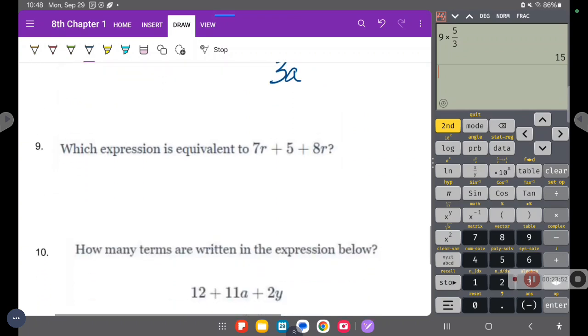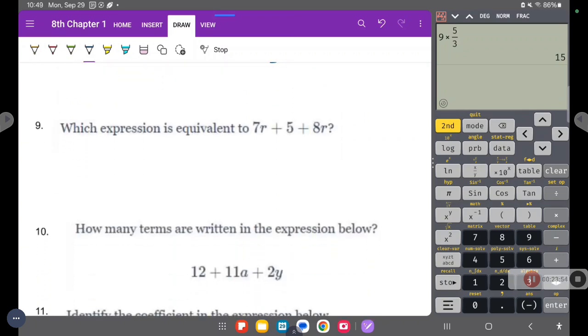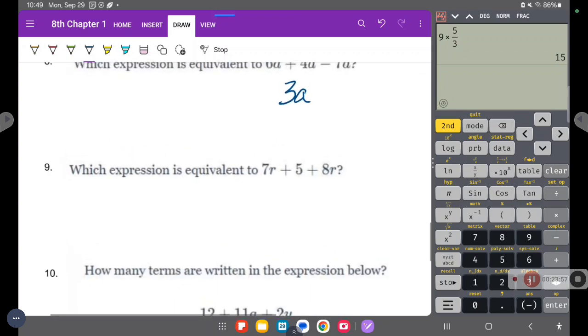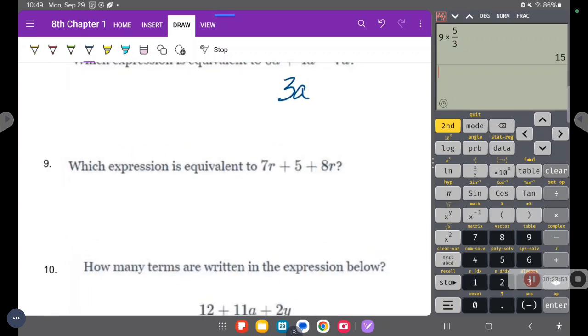All right, number 9. Please do that one. Everyone do number 9.